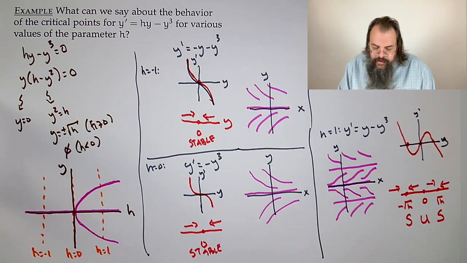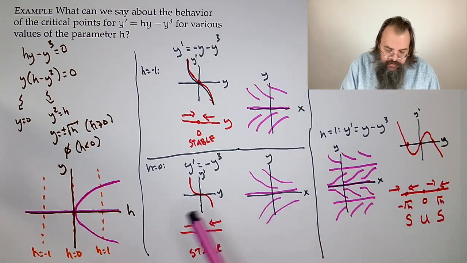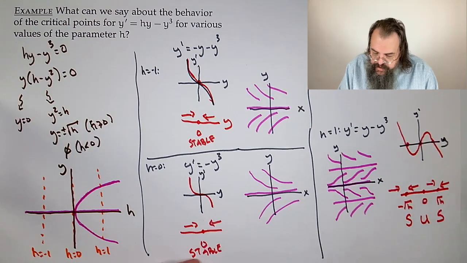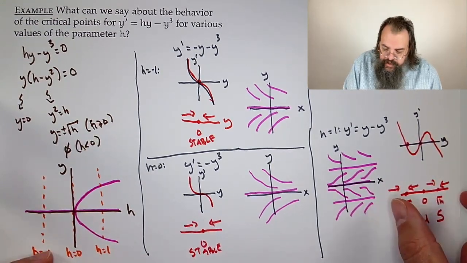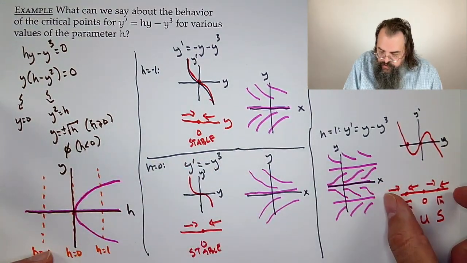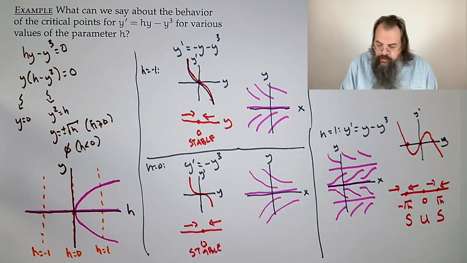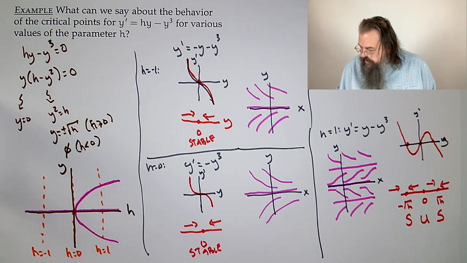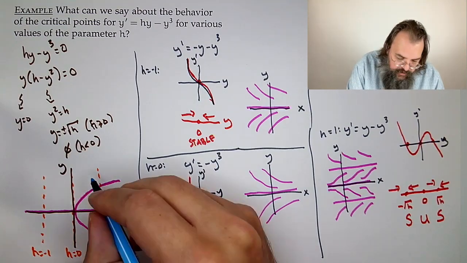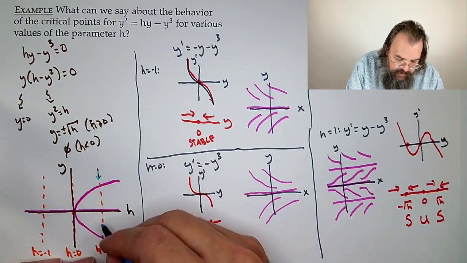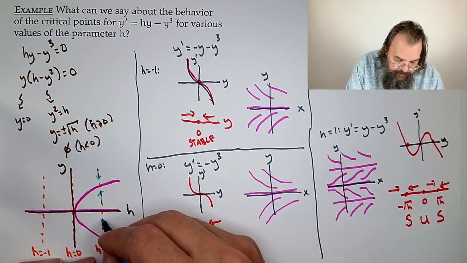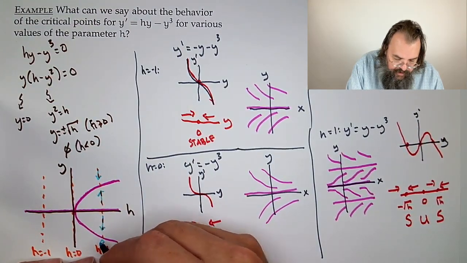Now, we can actually think about what's happening over here. Because this is y, I can take this and do a translation. Just flip it over. And let me grab a different color here. So we're moving down, up, down, up.